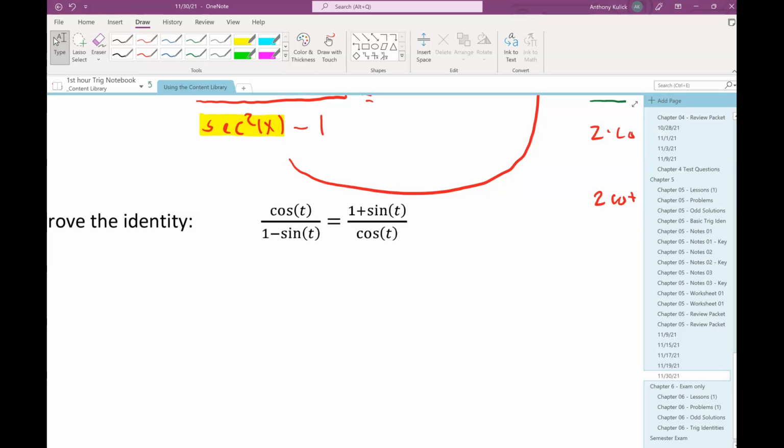What should I do here? Well, here's a case where the previous two strategies really are helpful to us. So if I think about the eye on the prize, in the numerator here, I need to somehow get a 1 plus sine. So one way to do that is just to force that 1 plus sine in there by just multiplying the top and bottom of that fraction by that.